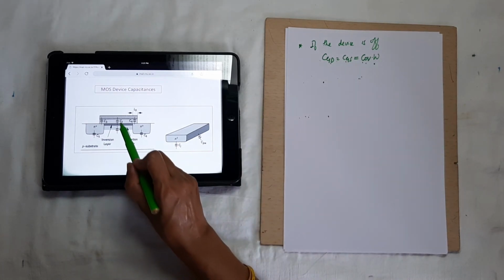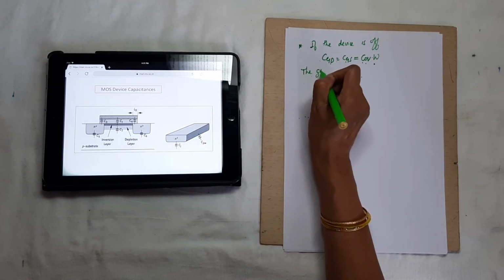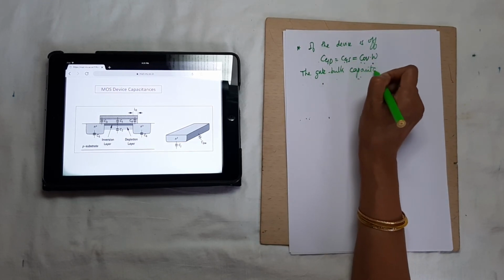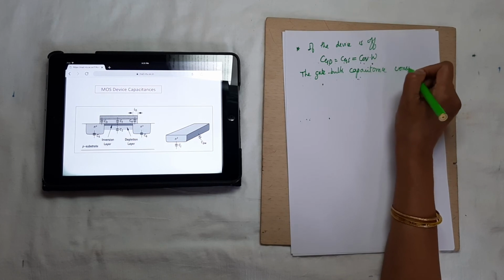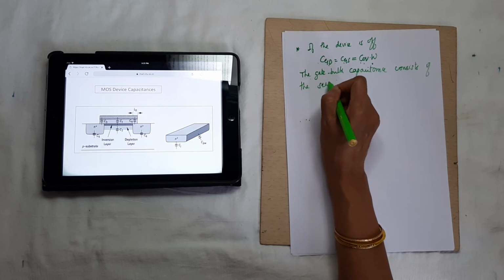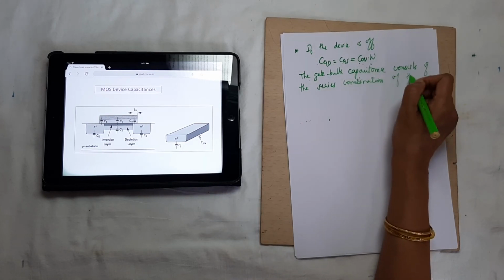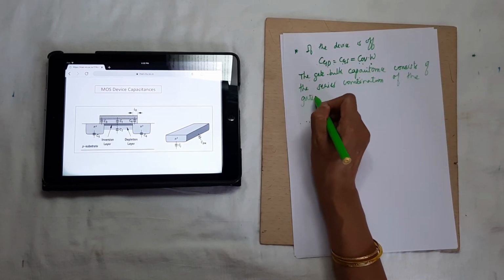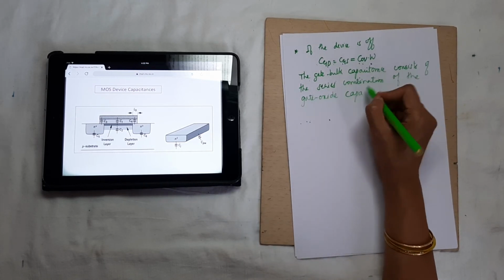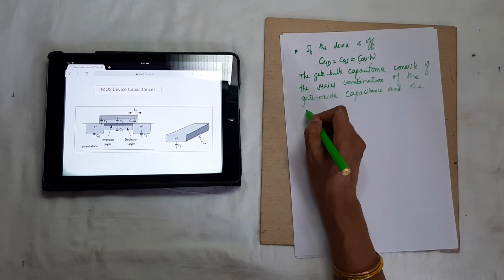And what about these two capacitances, C1 and C2? The gate bulk capacitance consists of the series combination of the gate oxide capacitance and the depletion region capacitance.